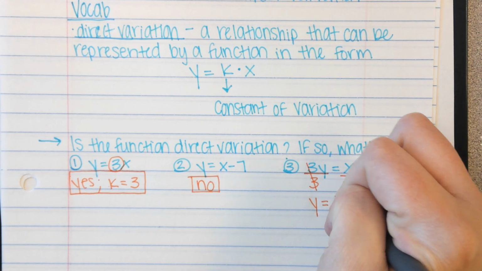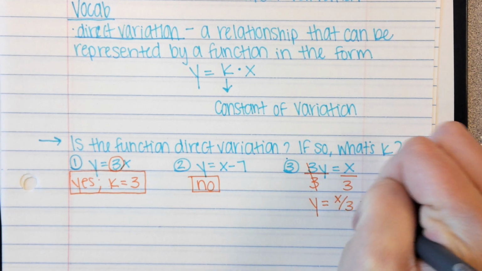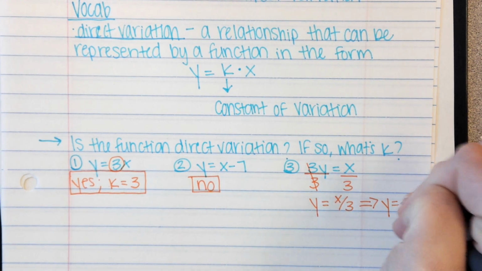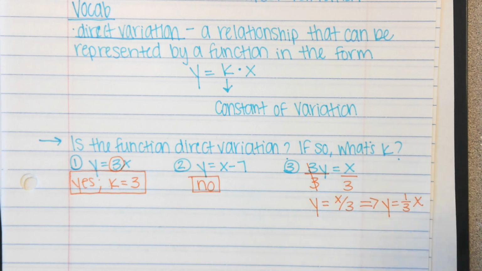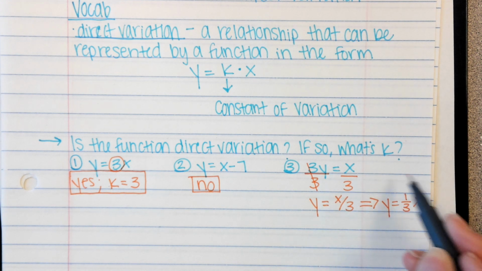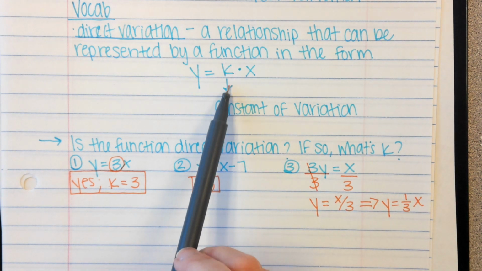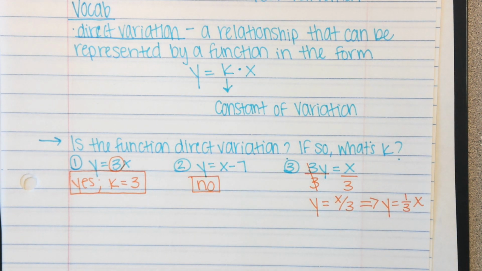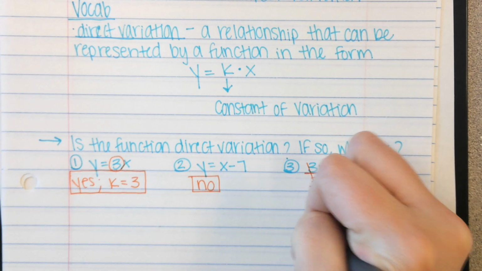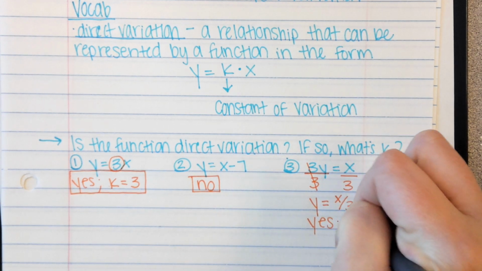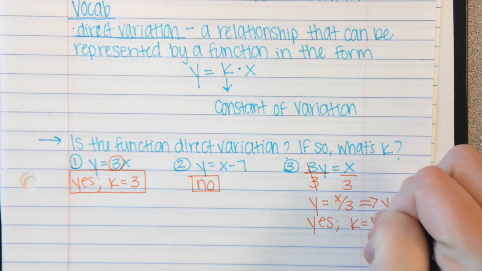Now, we have y equals x over 3, and that's the same as y equals 1/3 x. Now, is this direct variation? Does it match our form? Yes, it does. So our answer is yes. And what is k? 1/3.